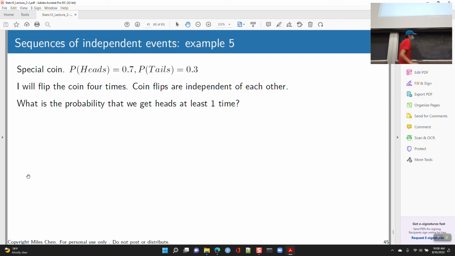So 0 and at least 1 are complements. 0 of something is the complement of at least 1.